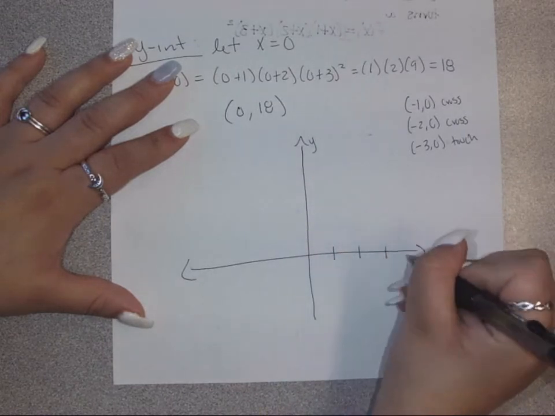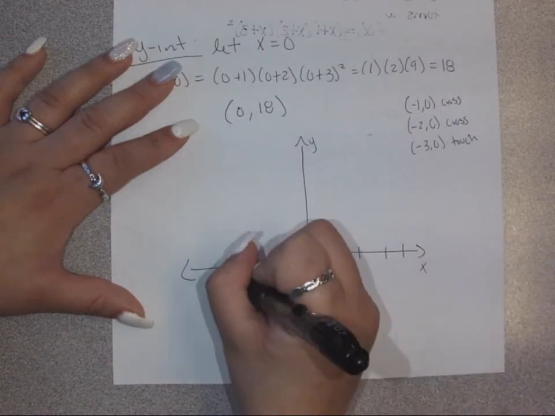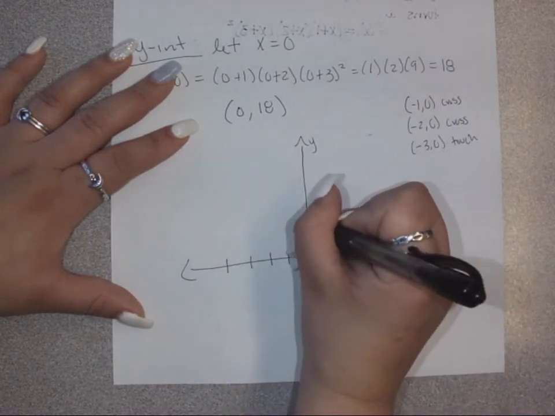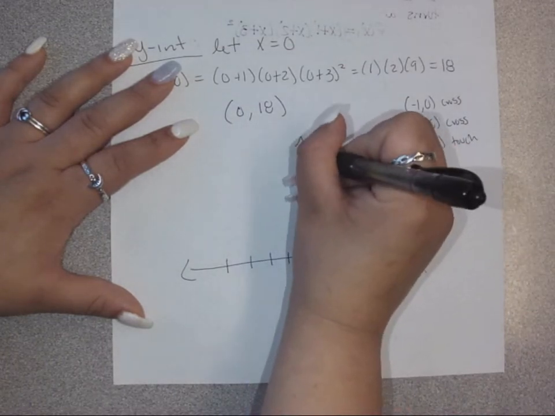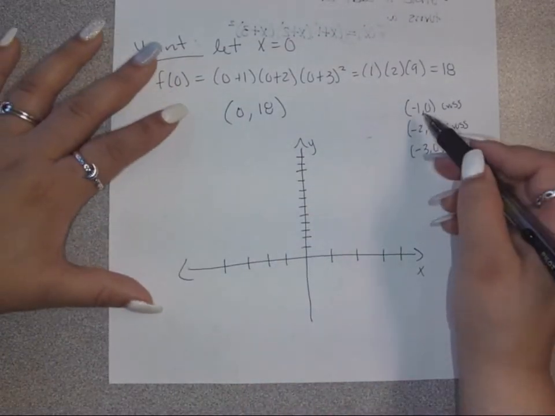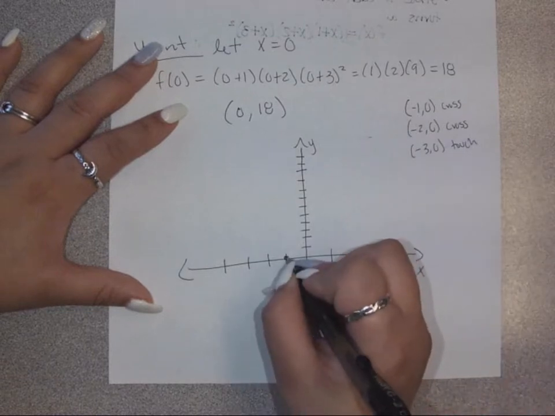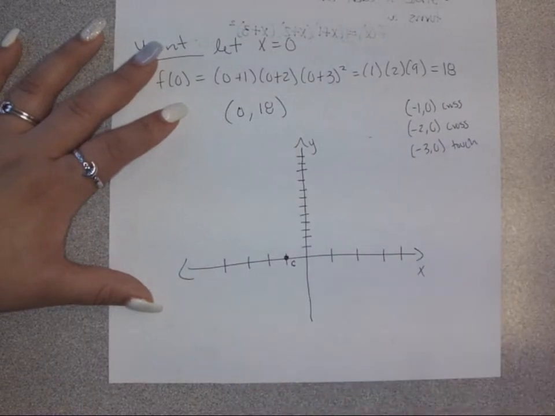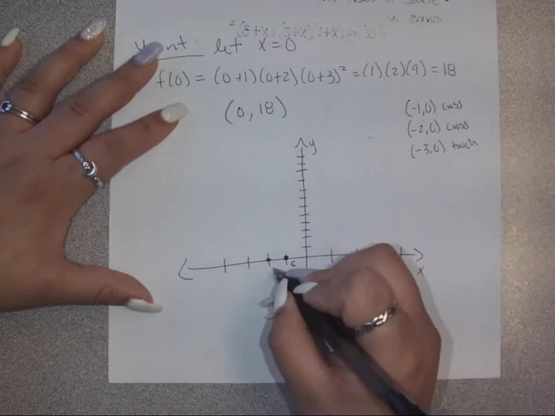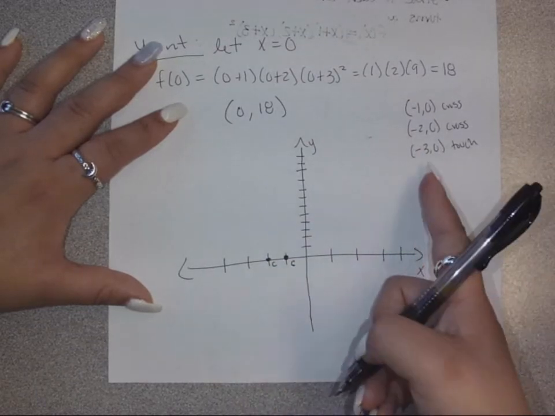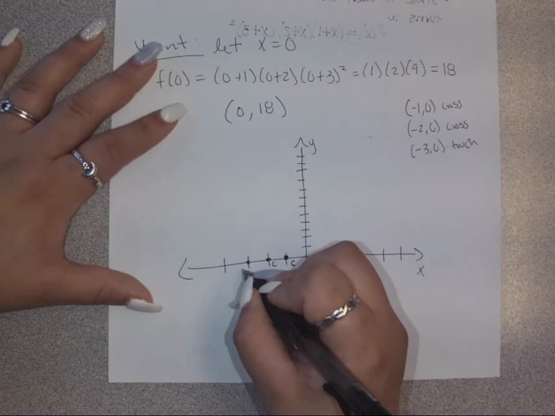So we go into our x and y axis. 1, 2, 3, 4. 1, 2, 3, 4, 5, 6, 7, 8, 9, 10, 11, 12. So I have the point -1, 0, and I'm going to make a note to remind myself that I need to cross.